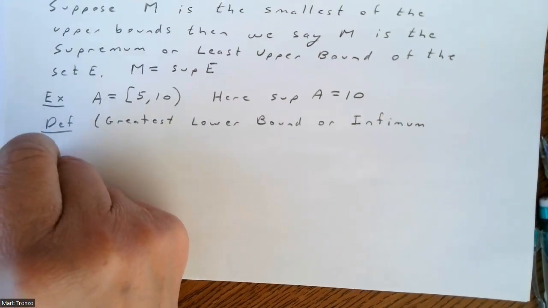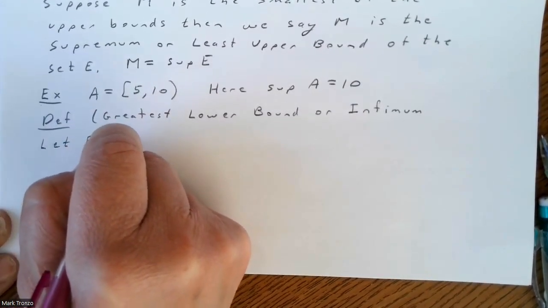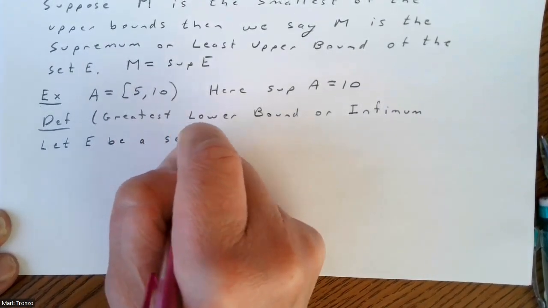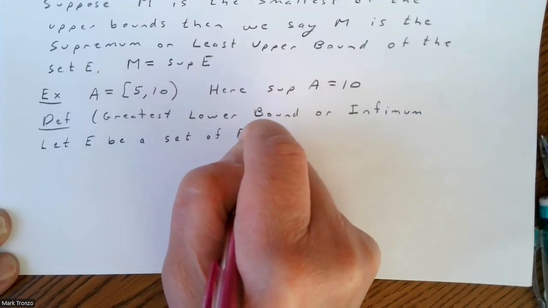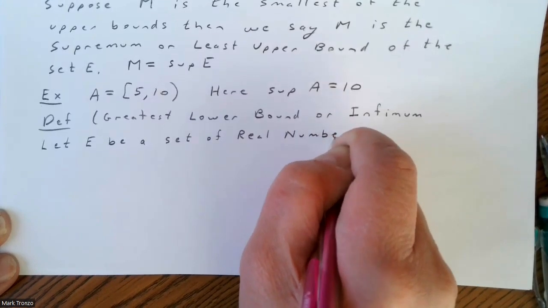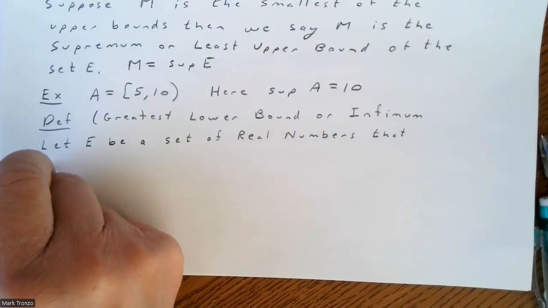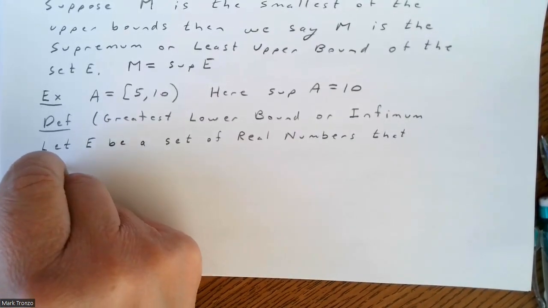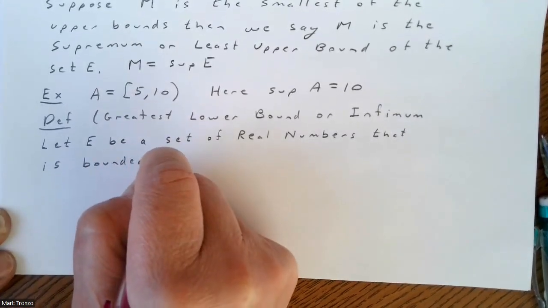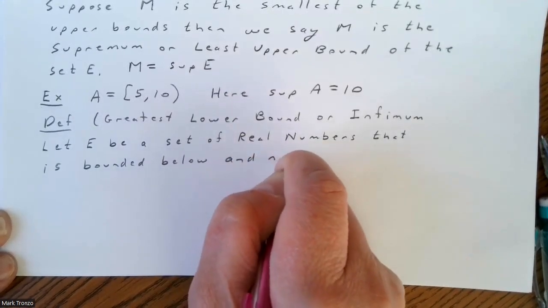So let me write it in a similar way to what I did before. As you can guess, it's really the same idea. Let E be a set of real numbers that is bounded below and non-empty.